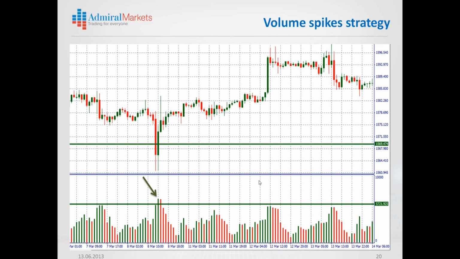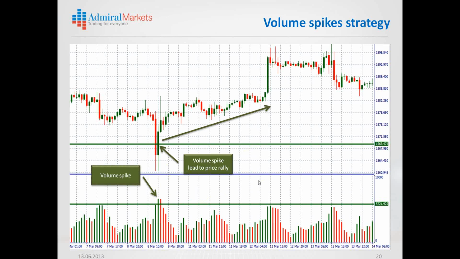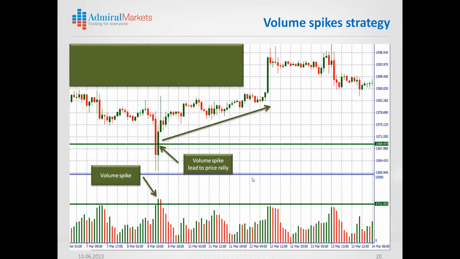So we want to get as early as possible. If we want to go in a news-driven momentum, we want to see volume spikes or retracements, as we teach in NFA strategies.